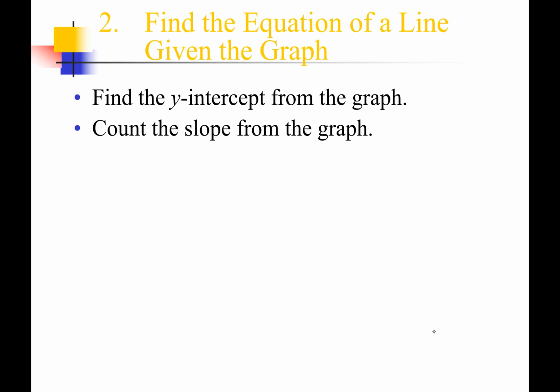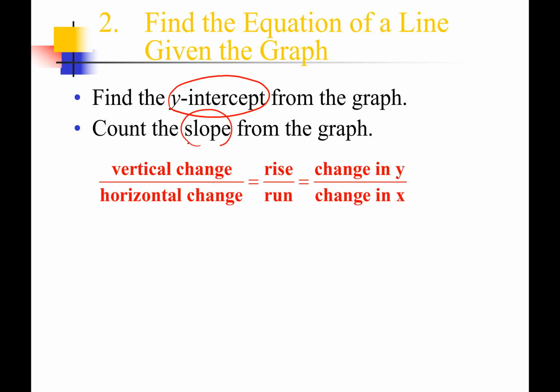Okay, now find the equation of the line given the graph. So now it's different, right? You're going backwards. You are given a graph of the line, and you're going to go back to the equation. The first thing you can do is locate the y-intercept from the graph, and also count the slope from the graph using vertical change over horizontal change.